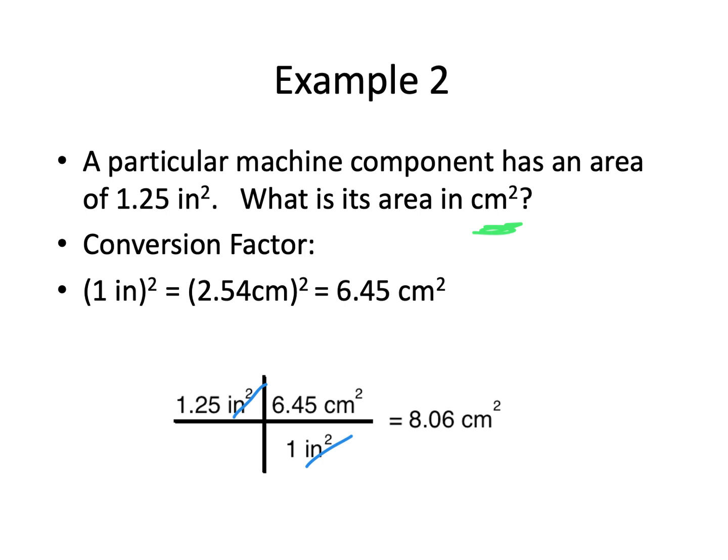And so when you do this, you get 1.25 times 6.45, and you get 8.06 centimeters squared, and that would be your answer for 1.25 inches squared would be equivalent to 8.06 centimeters squared.